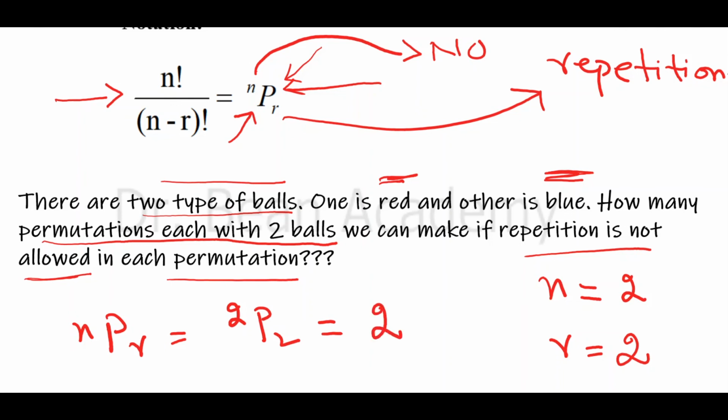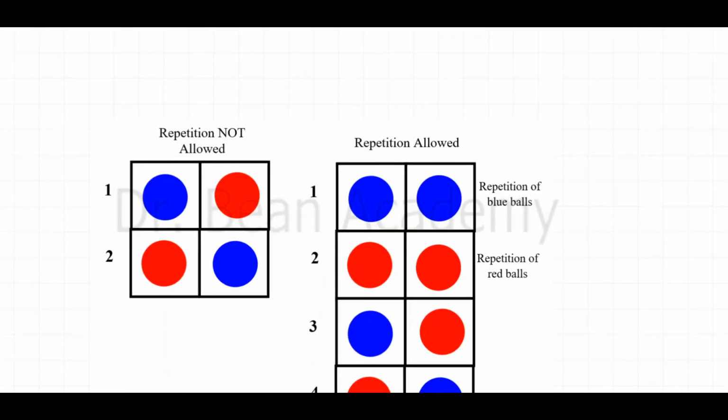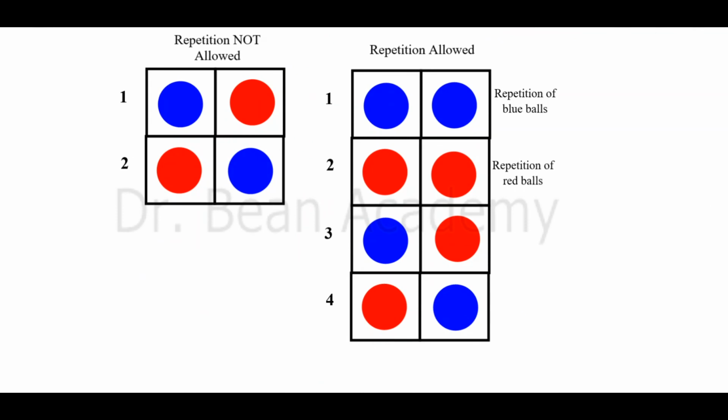Well, okay, so it means I can only make 2 permutations. Let's see this problem with the help of these pictures. You were given a lot of red and blue balls, and you make permutations out of these balls, and each permutation has size 2. I mean, there should be 2 balls in each permutation.